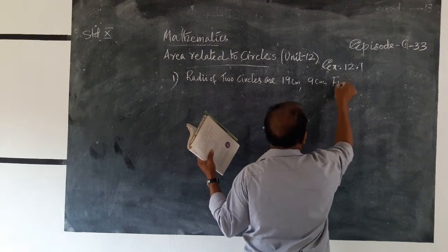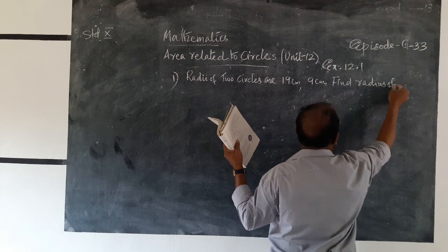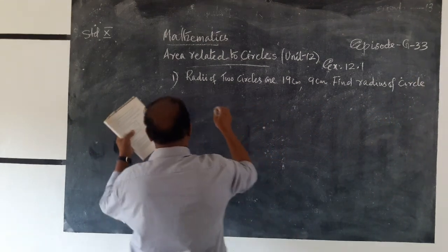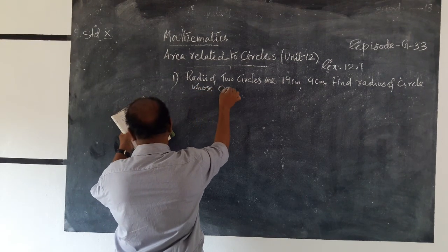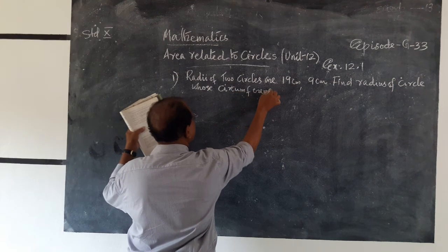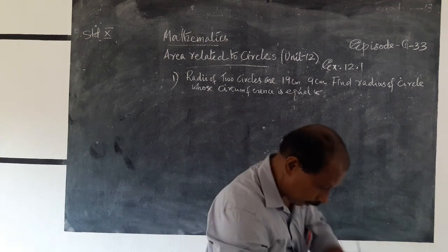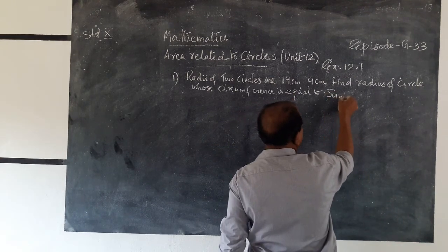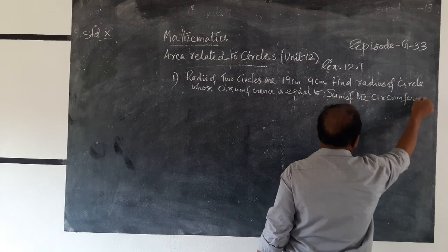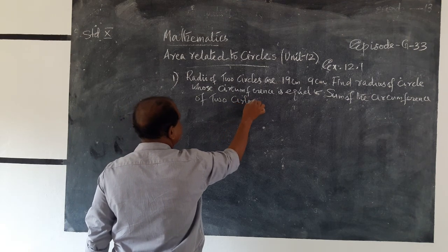Find the radius of the circle whose circumference is equal to the sum of the circumferences of the two circles.